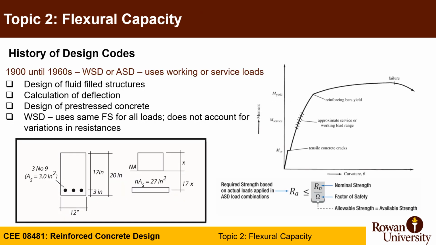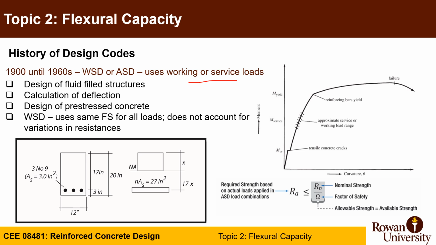First of all, the history of design codes: from 1900 to the 1960s, all the codes were based on working or service load. Basically, you take steel and concrete, apply a huge factor of safety, and use only allowable stresses.